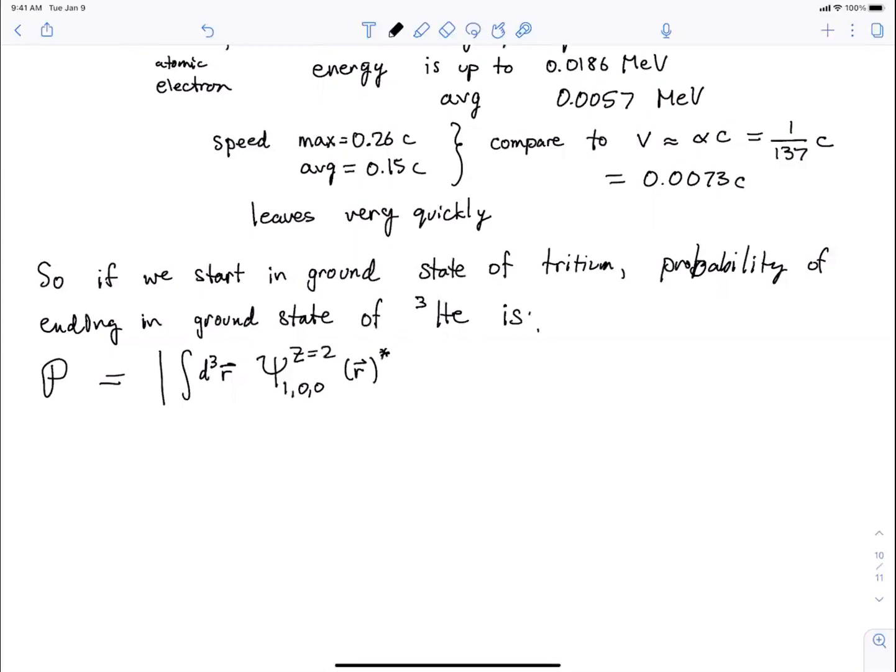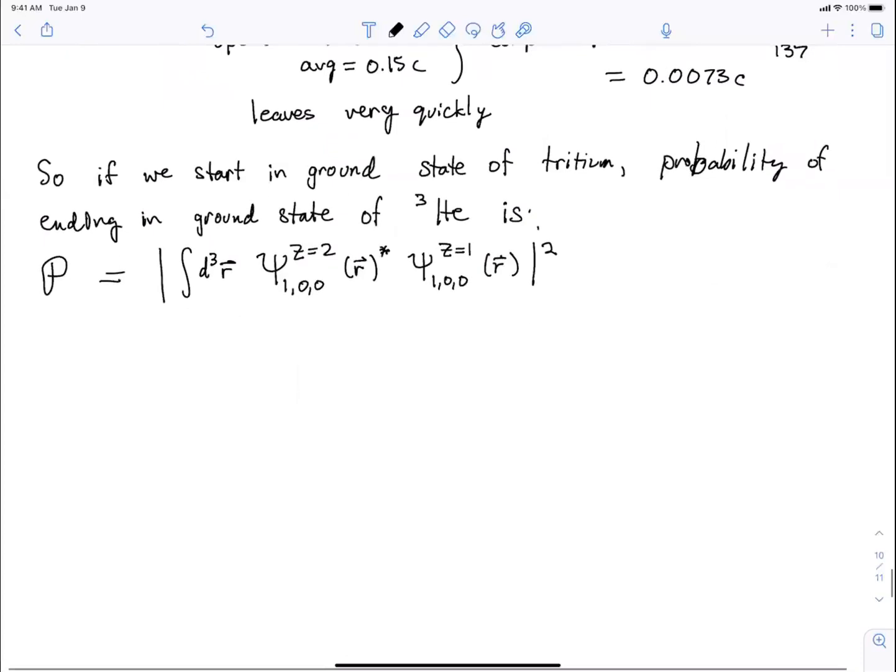And I'm putting the complex conjugate there because morally it's there, even though this is actually a real wave function. And then the state we're starting off with is the 1, 0, 0 state of the Z equals 1 tritium atom. Okay, and so that's the amplitude, and to get the probability, we have to square it.